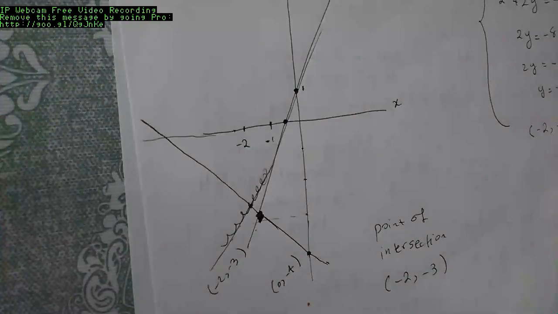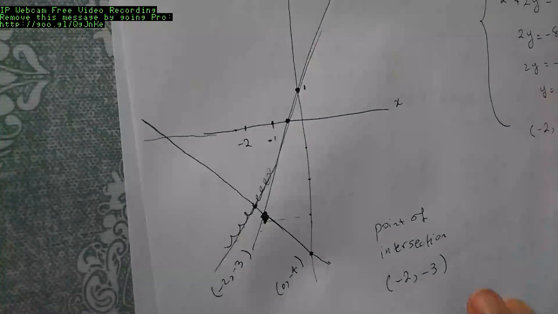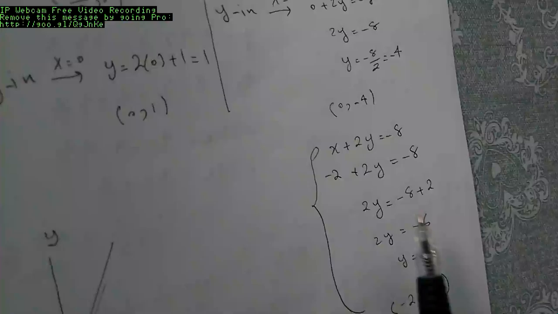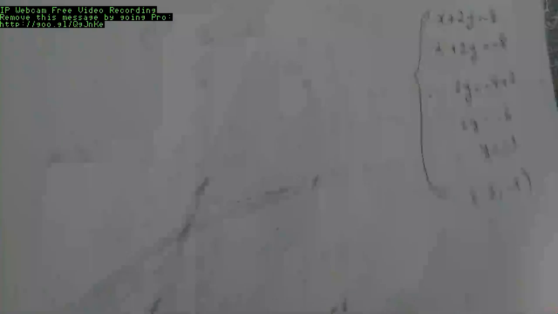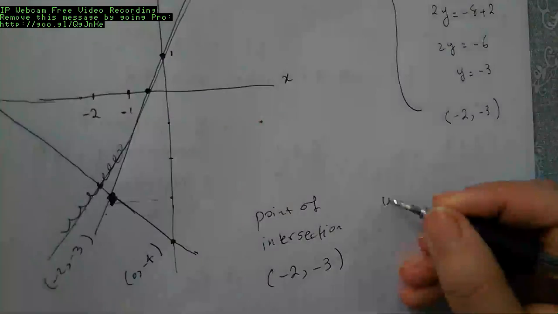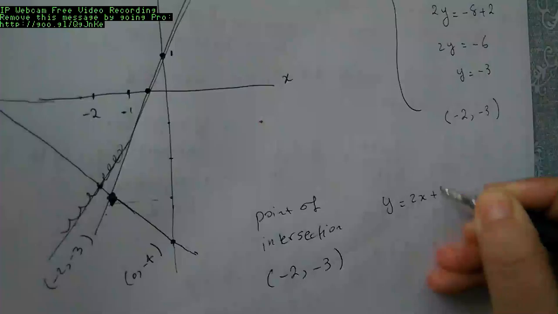To check that, you can put this number in both of these equations and see if it satisfies both lines or not. How do I check that? I did check the second equation, right? I put x to be -2 and found y to be -3. But how do I check the other one? That one was y is equal to x plus 1.